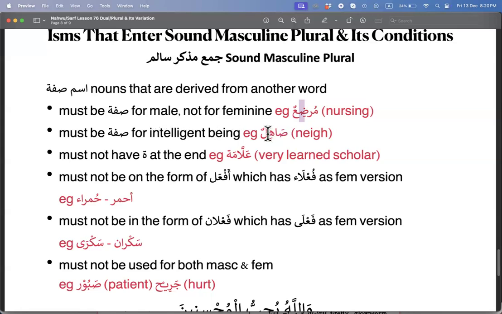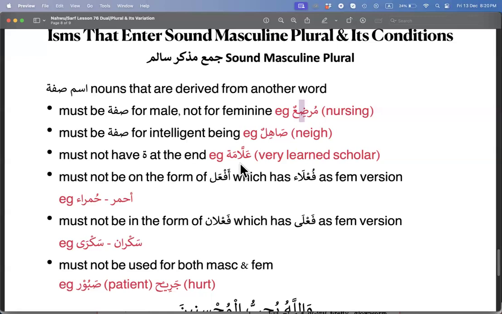It must again be sifah for an intelligent being. So for example, a word like sahil means to neigh. Obviously the one who neighs, we're still talking about a horse, is not an intelligent being. So we cannot say sahiluna, for example. Okay? It must not have a ta marbuta at the end. So for example, this is allamah with a ta marbuta.